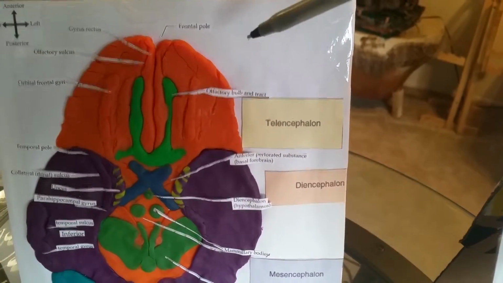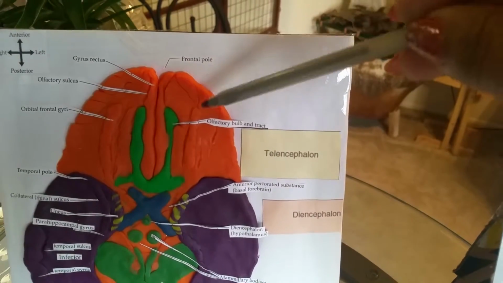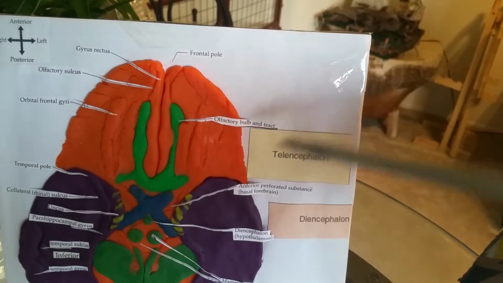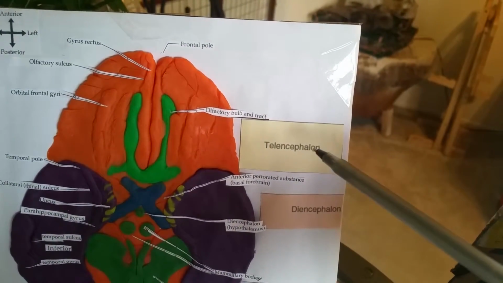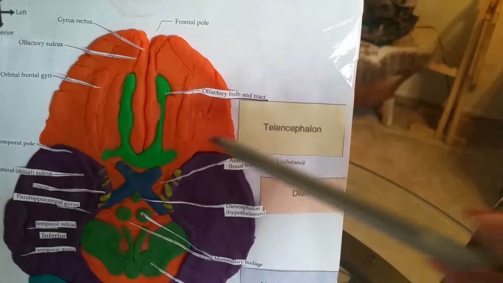We've got the gyrus rectus here. This is the frontal pole. We've got the olfactory bulb and tract, and this is all part of the telencephalon, which is part of the forebrain, the telencephalon and diencephalon.